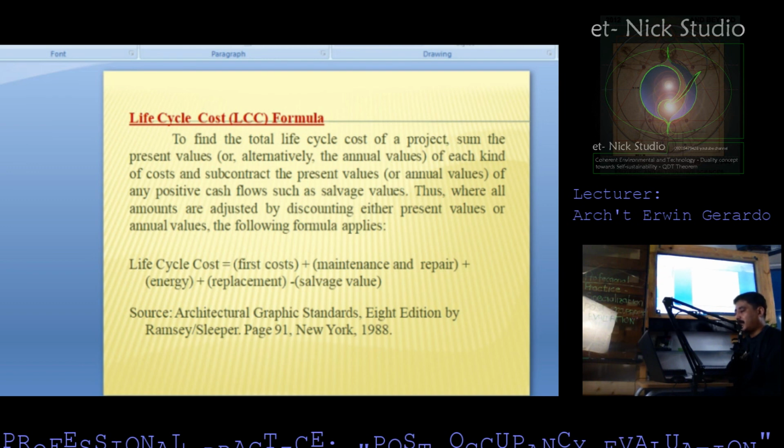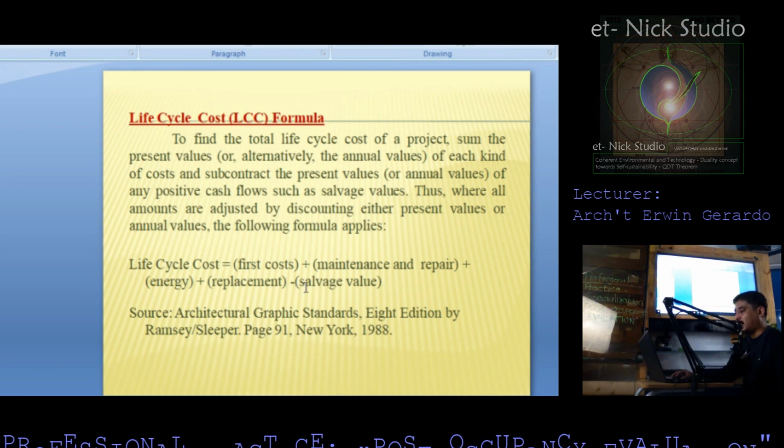Life cycle cost equals first cost plus maintenance and repair, plus energy cost, plus the replacement, minus the salvage value. Take note, the reason why we need to subtract the salvage value is because the salvage value is actually an income against the cost. So that is why you need to subtract this one. The other term for salvage value is what we call junk value.